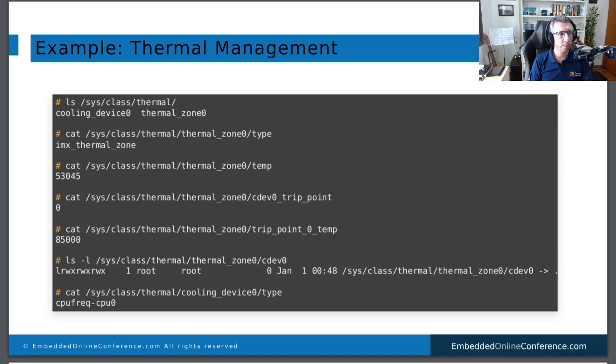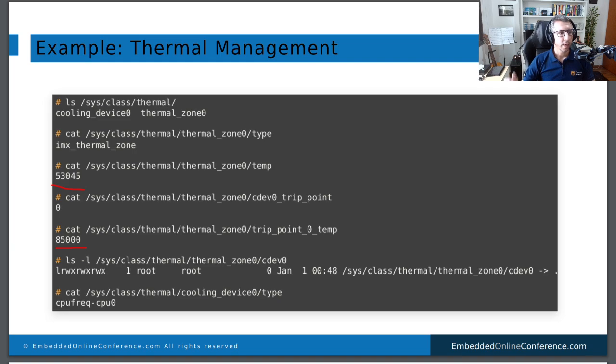Here, just an example from my board. I have one thermal zone, that's the SoC IMX. I can see the temperature of the device here. This is the temperature, 53 degrees Celsius. The trip point, it's 85 degrees Celsius.